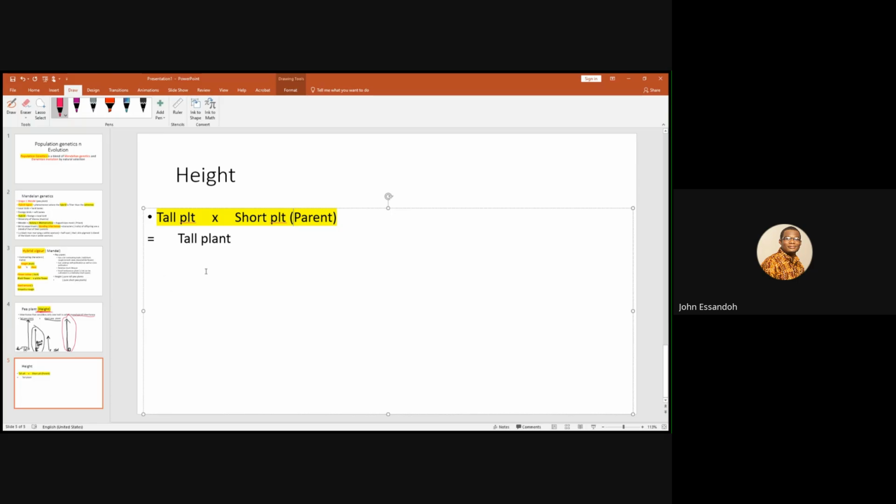And this offspring becomes the first generation offspring, which we normally put as F1.